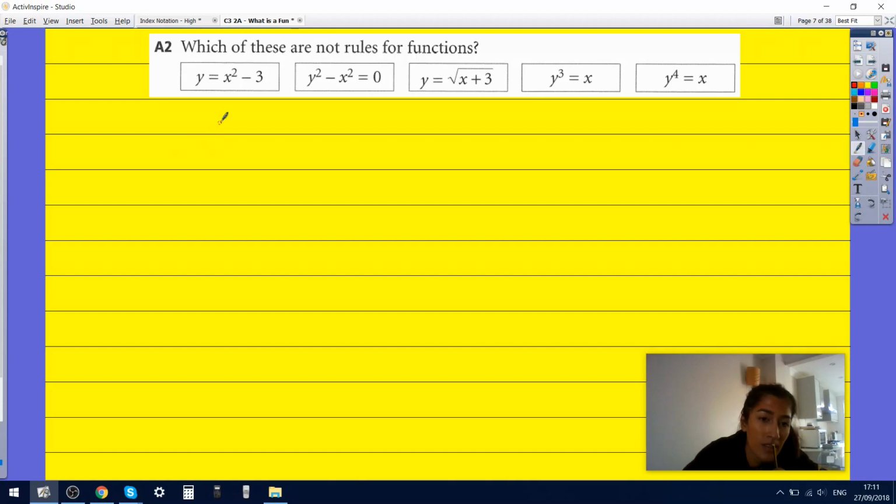The first one is a function. Okay. Second one isn't. That one's a function.